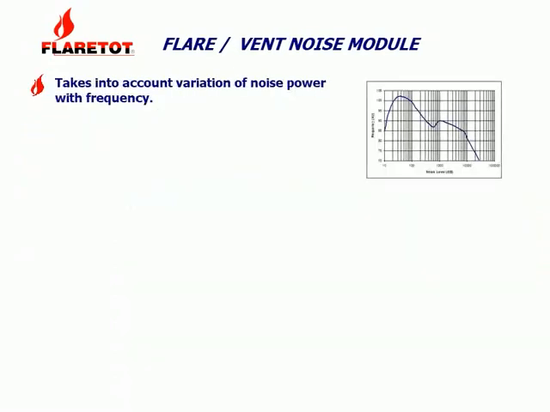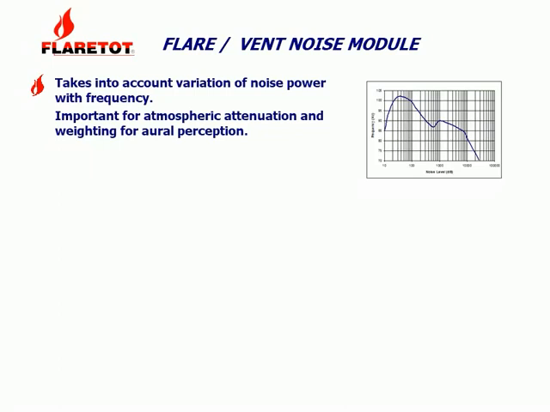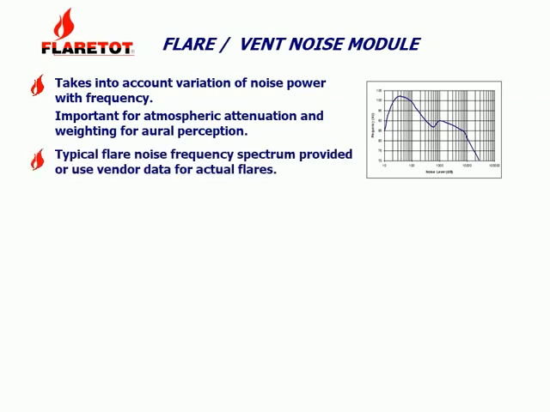Noise is characterized by different intensity levels over a frequency range. It is important to know this noise spectrum, since both atmospheric attenuation and the loudness perceived by the ear vary with frequency. Flaretot includes a typical flare noise spectrum.